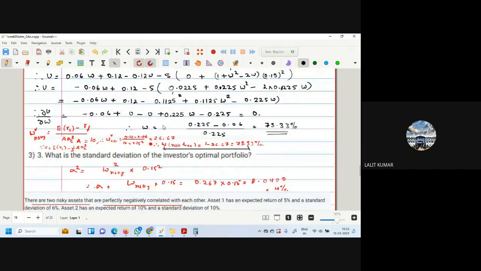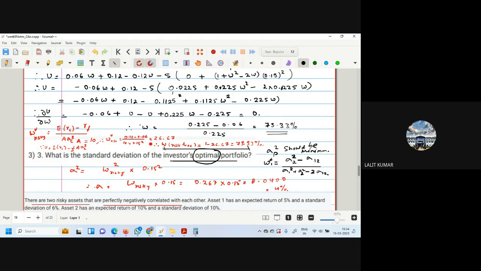Now we come to the next question. What is the standard deviation of the investor's optimal portfolio? When the word optimal is used, it means your variance should be the minimum. For that, W1 star is equal to sigma 2 squared minus covariance of 1, 2, divided by sigma 1 squared plus sigma 2 squared minus 2 sigma 1, 2.